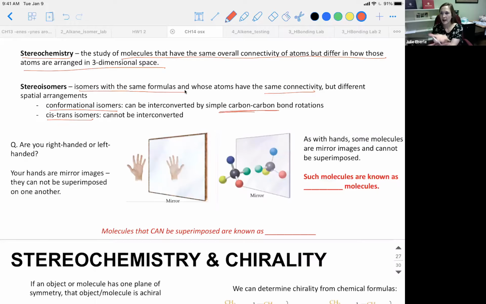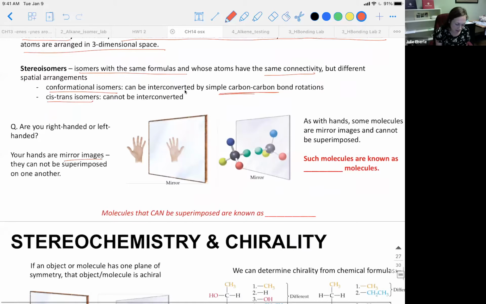But if you lay them flat and overlay them, I can't get them to line up, right? Because they're oriented differently. When we overlay something like this, we say we're superimposing it. So they cannot be superimposed over one another to get the exact same shape.